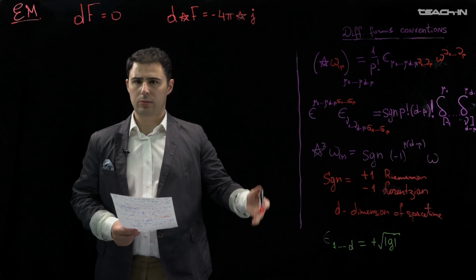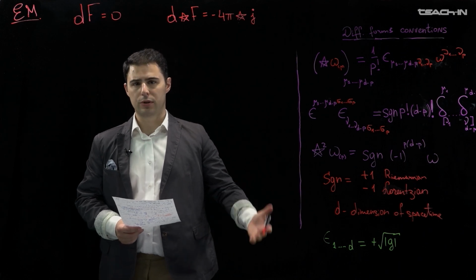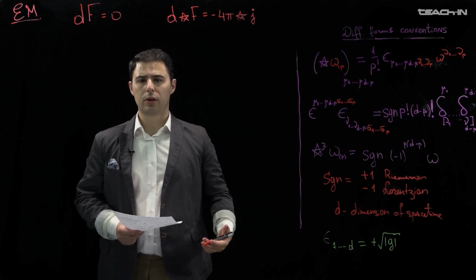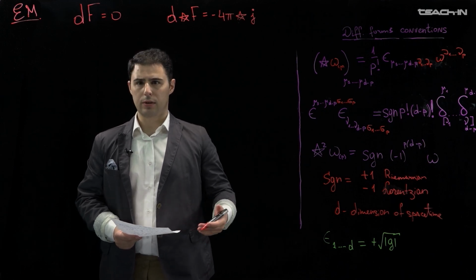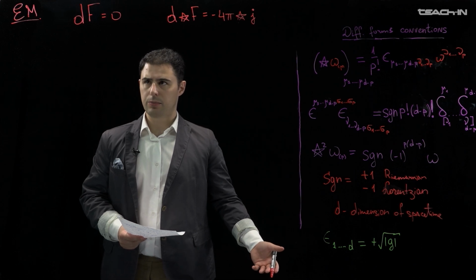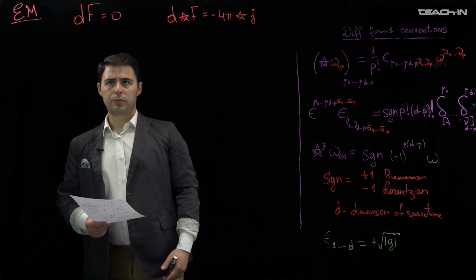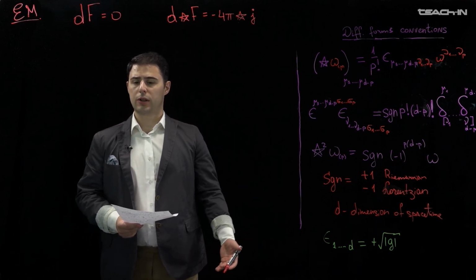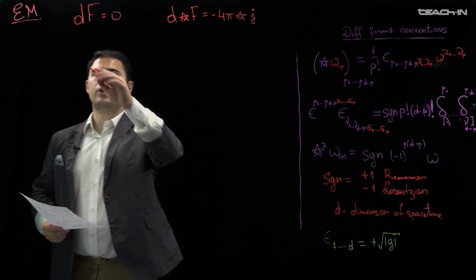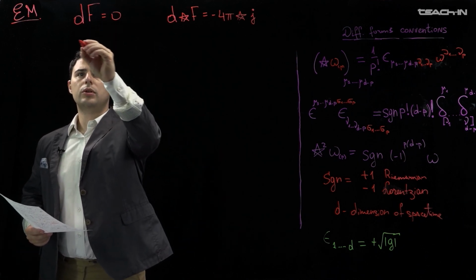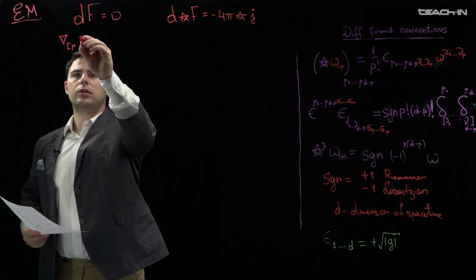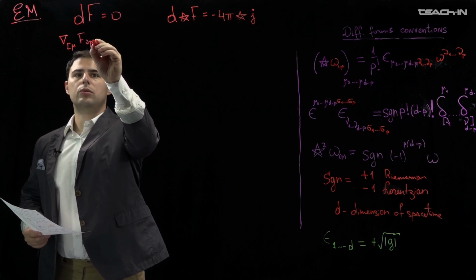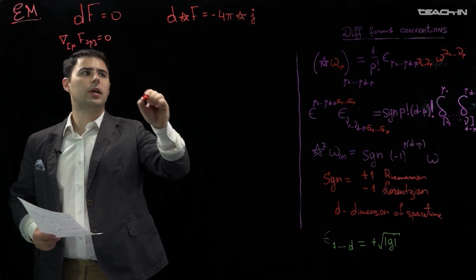Here J is the electromagnetic current, which is a vector or, dually, a one-form, and F is the field tensor. The Bianchi identity states that the exterior derivative of F is 0. In other words, this is the same as writing d_mu F_nu rho equals 0.